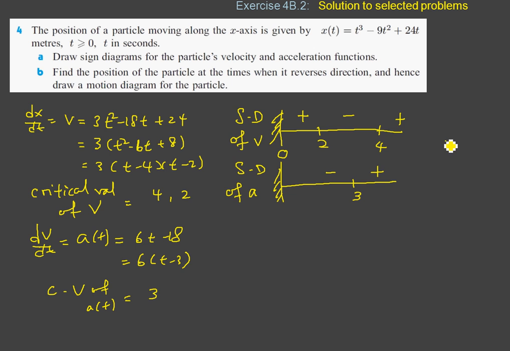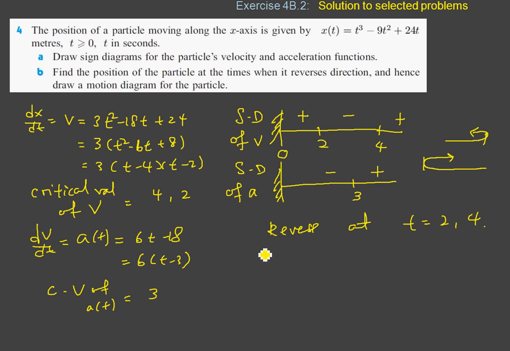It means only one thing, that the particle actually reversed its direction. And when time equals 4, before that it is traveling to the left, and after time equals 4, it travels back to the right. So it must reverse there. So therefore, it reverses direction at time equals 2 and 4.